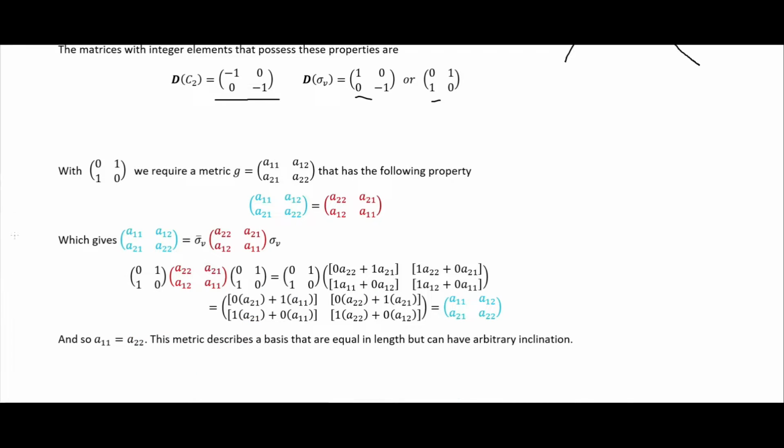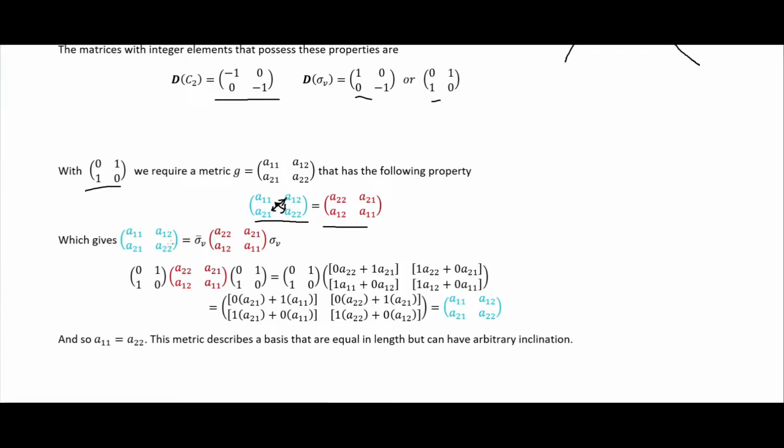And so what we require, if we're using these ones in the off diagonals here, is that the metric here in blue, which is just the metric with the components or elements in the usual place, is the same even if we switched the diagonal elements with each other, so kind of like that, and the off diagonal elements with each other to get this red one here.